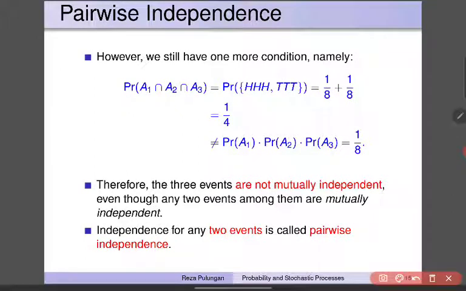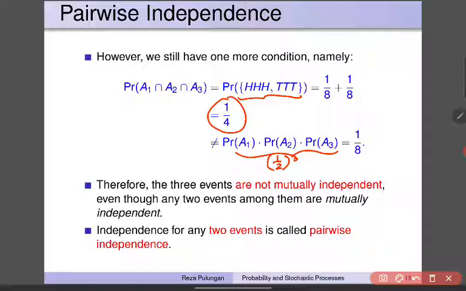So the intersection of the three of them contains these two outcomes, namely H, H, H, and T, T, T. So the probability is equal to 1/4. But the product of these three probabilities, the probability of A1 multiplied by the probability of A2 multiplied by the probability of A3, is equal to 1/2 to the power of 3, which is equal to 1/8.